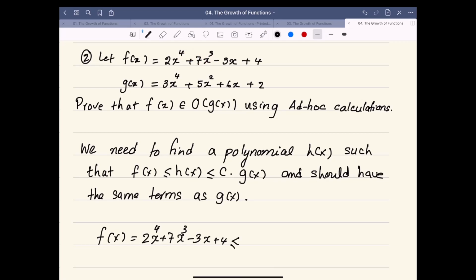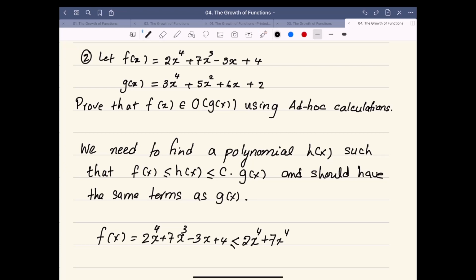When you combine it with the dominant term, we will just copy 2x raised to power 4, which is the dominant term, and we will replace this term by the dominant term. So it will be plus 7x raised to power 4. Now, g of x has the term 5x squared, but in here we don't have 5x raised to power 2.